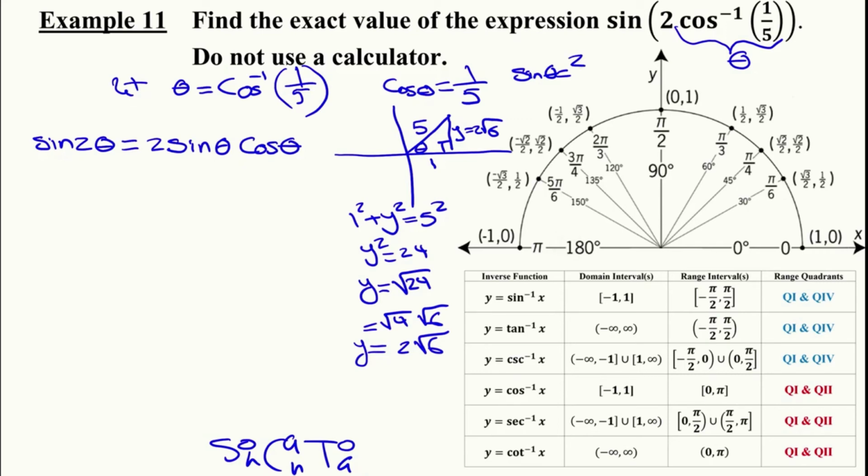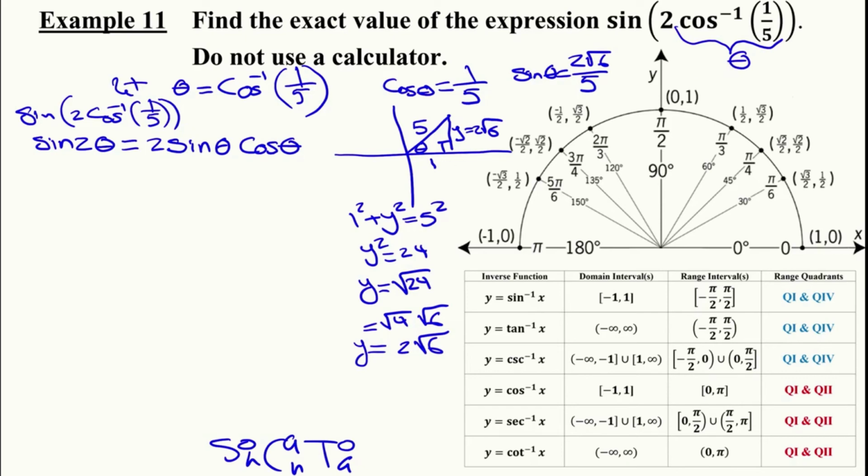So we're going to get 2 radical 6 over 5. Now we're ready to go ahead and calculate sine of 2 theta, which, by the way, do keep in mind is exactly sine of 2 times the inverse cosine of 1/5 that we're really interested in, because that's what we're trying to calculate. And remember, we call that theta.